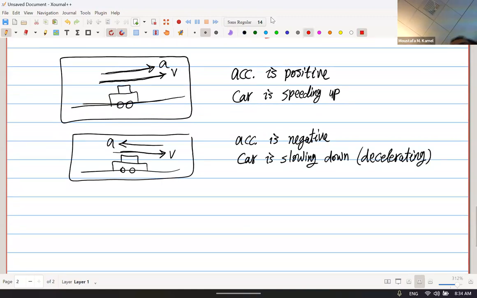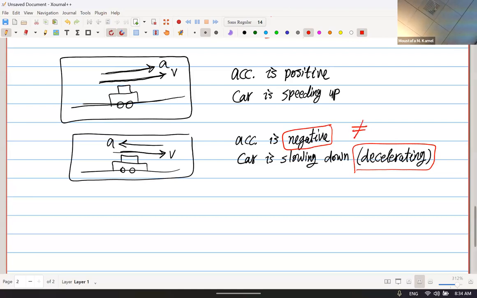And this is where it gets tricky, because usually when we first get introduced to this concept, we think negative acceleration means deceleration, which is not correct.